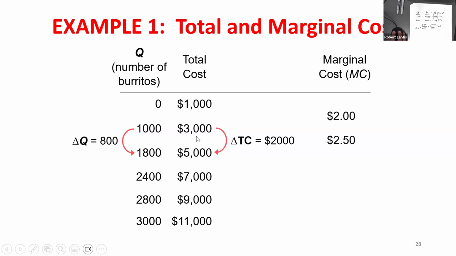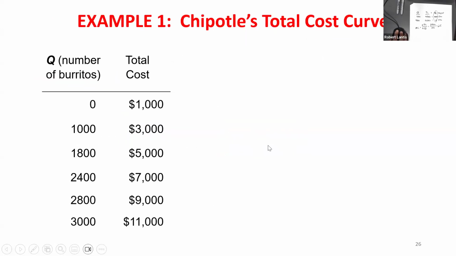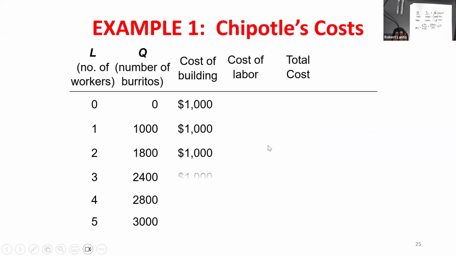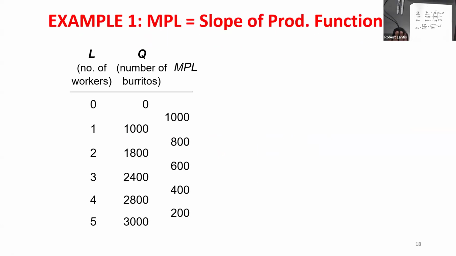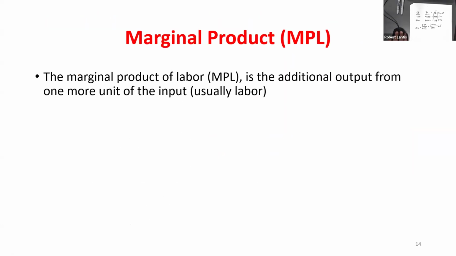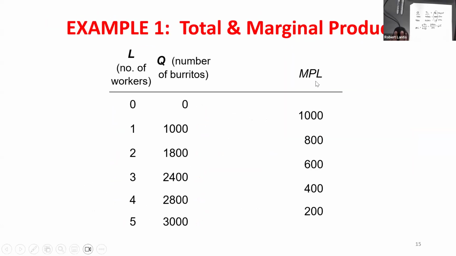I've got to hire that second worker. However, now the change in my total cost, I'm only getting 800 additional units, so my marginal cost, 2,000 over 800, is a little bit higher. So this is going back to the original example we had, example 1, where our marginal productivity of labor was only diminishing.